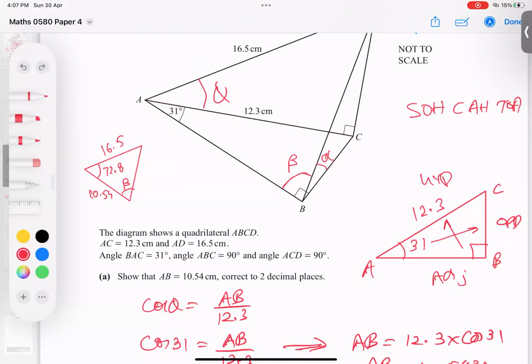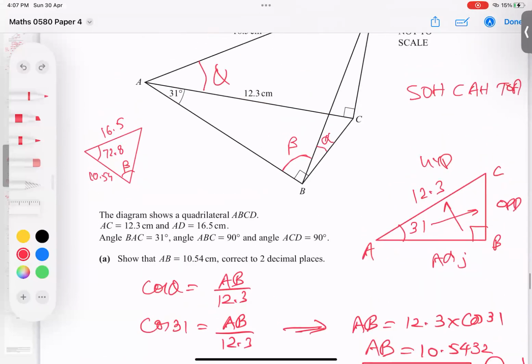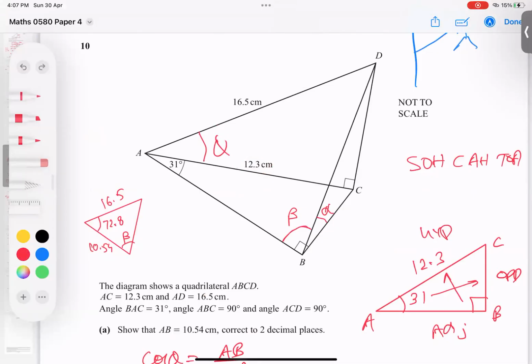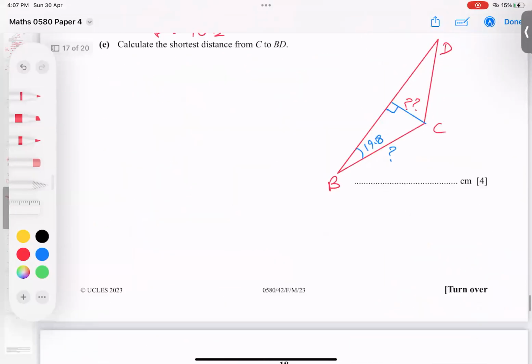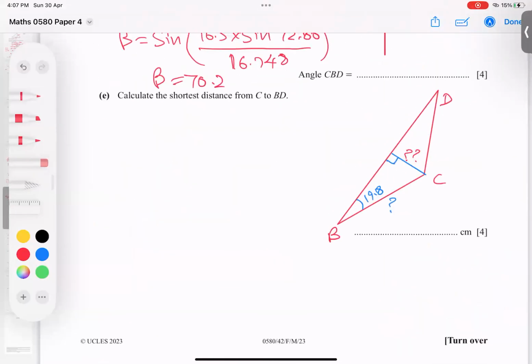I have this AB already, and this I have. So I make this triangle also here: 90 degrees, this is 12.3, this is 10.54, and this is CB. This is A, and this triangle also I shift here. I hope now you understand, inshallah.